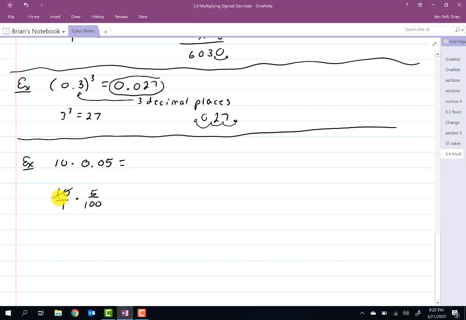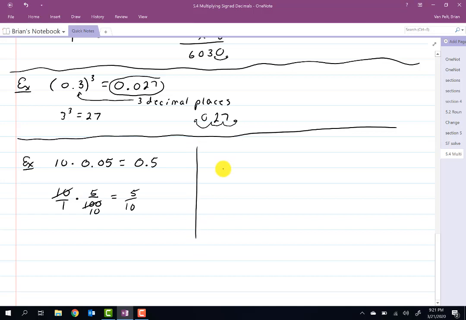If I cancel out 10, I'm left with 5/10, and so this equals 0.5. Notice when I multiplied by 10, I ended up moving the decimal to the right 1 spot. So this is obviously the opposite of dividing by powers of 10. Multiplying by them makes the decimal move in the other direction.